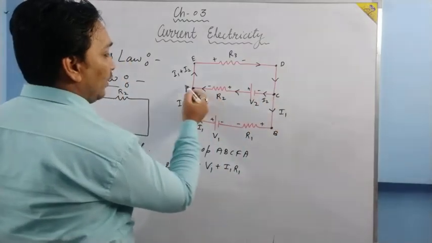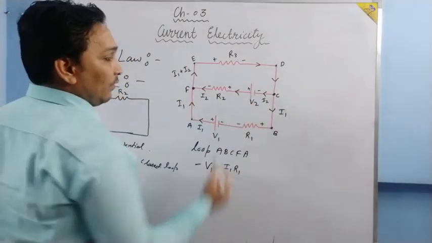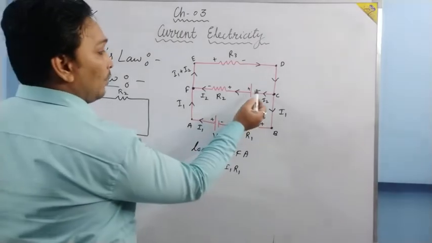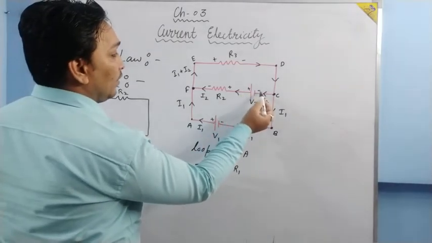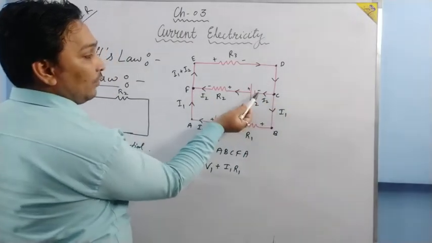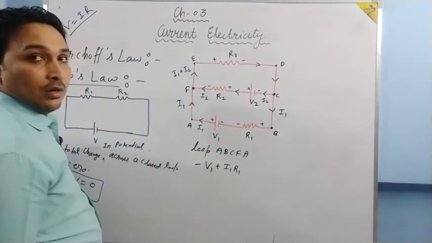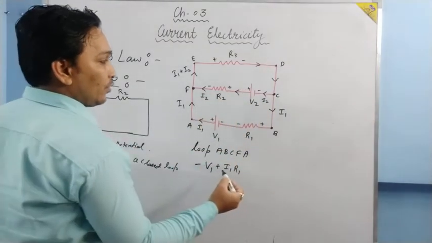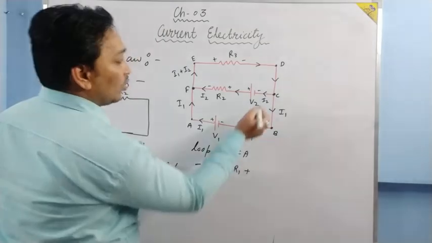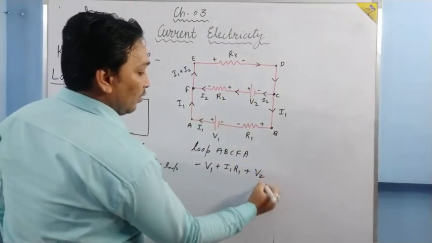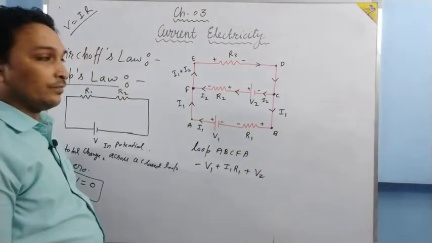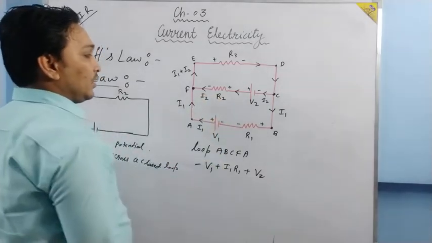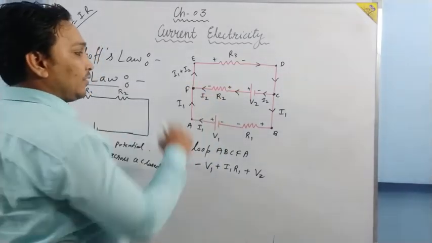Now C to F we are moving. One cell we encounter, and we are moving from minus to plus. From C to F, we go from minus to plus. So if it is from minus to plus, what should we write? Plus, because potential increases, we should write V2. Okay. Then a resistance is there. From plus to minus we are moving.